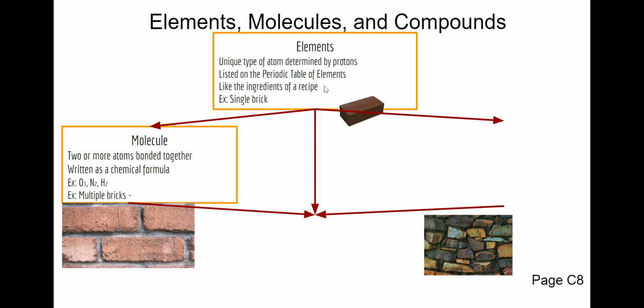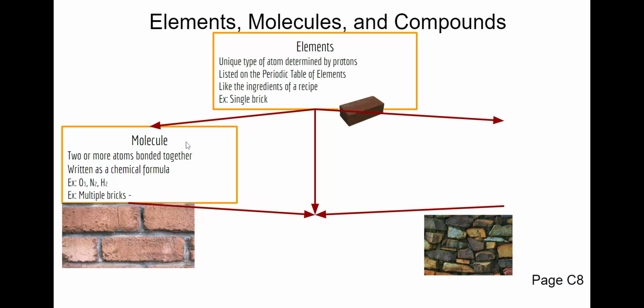And if you think about those ingredients, some of them are like each other, but butter is not like salt, or butter is not like flour. They're very different. They have very unique qualities. And so each of these elements can be somewhat similar, or they can be very different. The other analogy you can use for an element is that it's like a single brick. It's going to be unique, but it's the building block for some of the larger things that we see in this world.